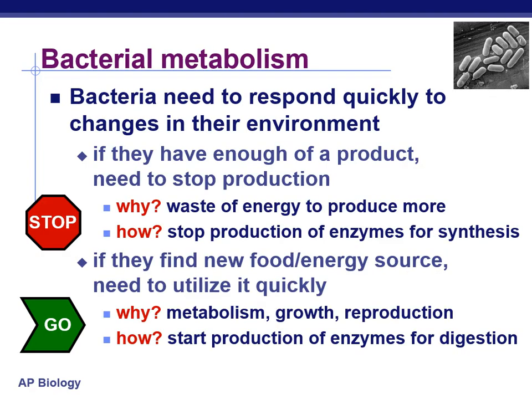So let's first talk about bacterial metabolism. Think about how bacteria are just single-celled creatures, and they tend to live inside of us or around us or on us. So they're going to get their nutrients from the environment in which they're found. Sometimes those nutrients are plentiful, and sometimes they're not. Sometimes, let's say, they need to make certain proteins.